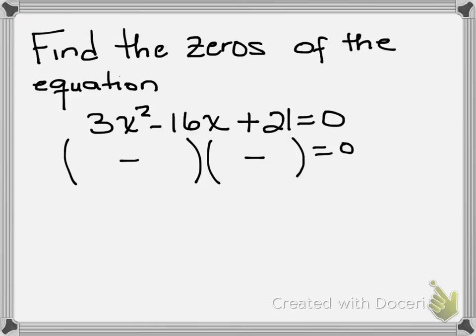Hence, the second sign is negative. The leading coefficient is prime. It is 3, so 3x in one and x in the other. Two numbers that multiply to give you 21, ladies and gentlemen, 3 and 7. Orientation of the numbers, up to you. You know how to check that. If it doesn't work, you switch them and go from there. At this point, again, we implement the zero product property.